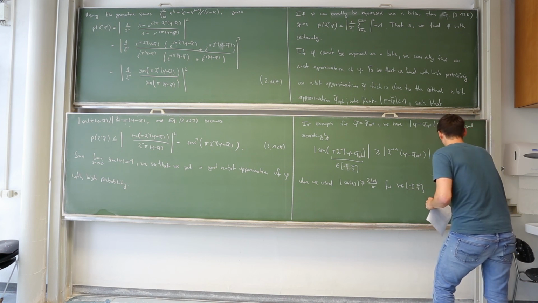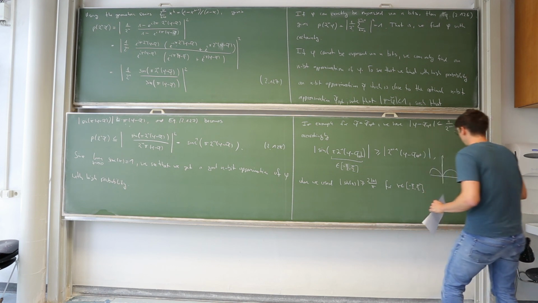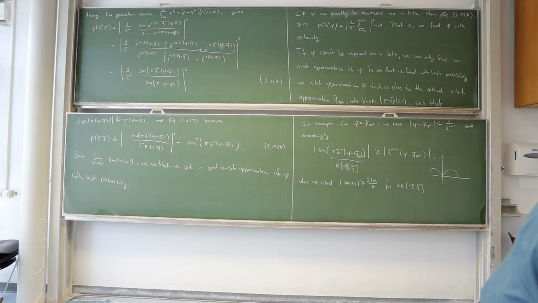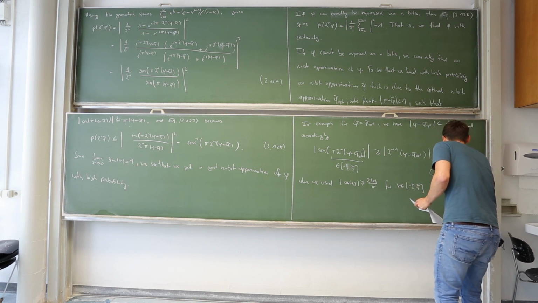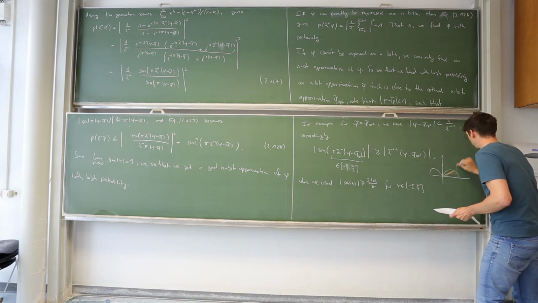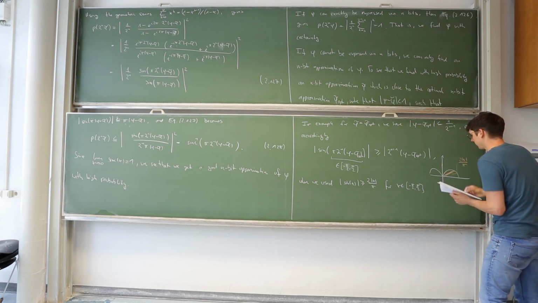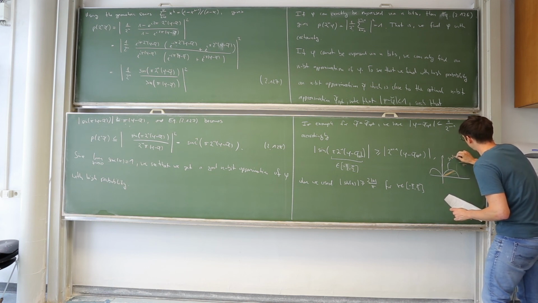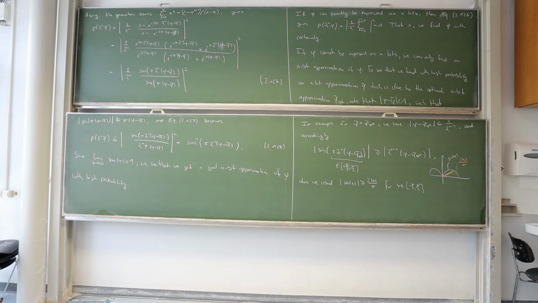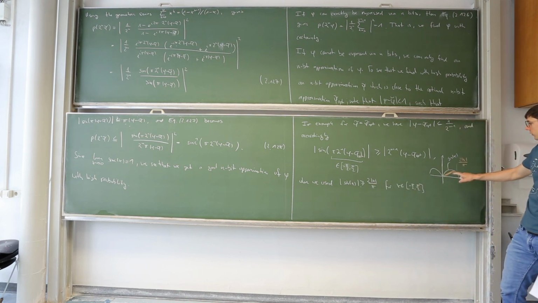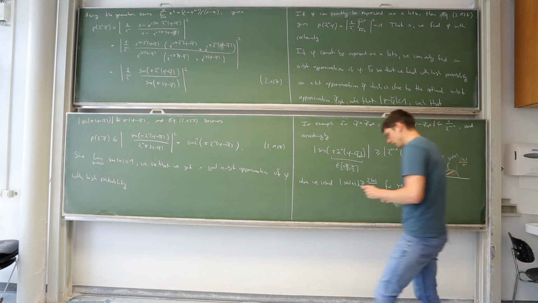The modulus of the sine gives us something like this, and then we have the line 2x over pi, and this is sine of x. So this is the approximation that sine of x is greater or equal to this function in this interval, and that we use now.